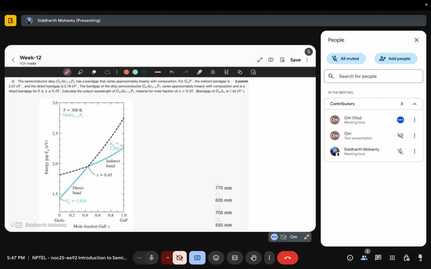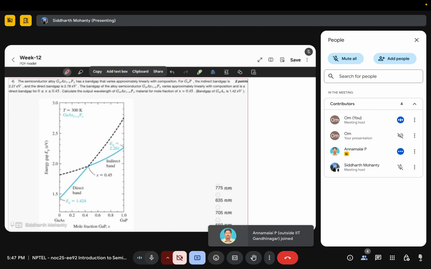All right, so let's see this question. The semiconductor alloy GaAs 1 minus x P x has a band gap that varies approximately linearly with composition. For GaP, the indirect band gap is 2.27 electron volt and the direct band gap is 2.78 electron volt.